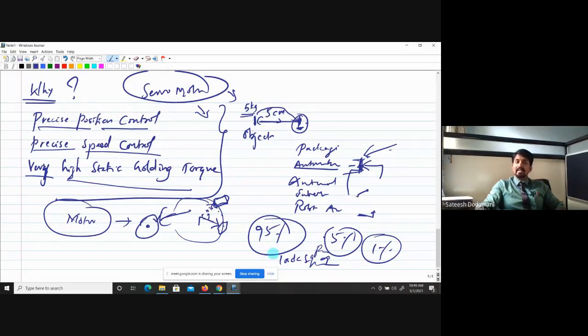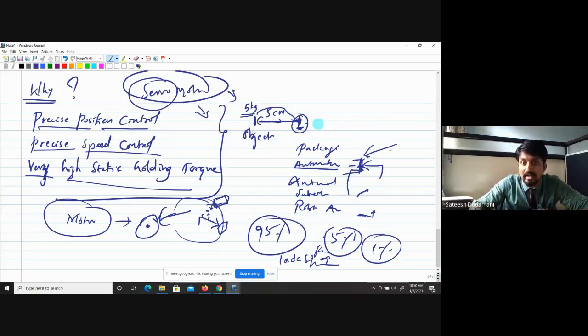Hence, to avoid that condition, they came up with a servo motor which will not miss the signals, so that exactly whatever you decide will happen at the correct time with the correct measurement. Hence the servo motor will be used.